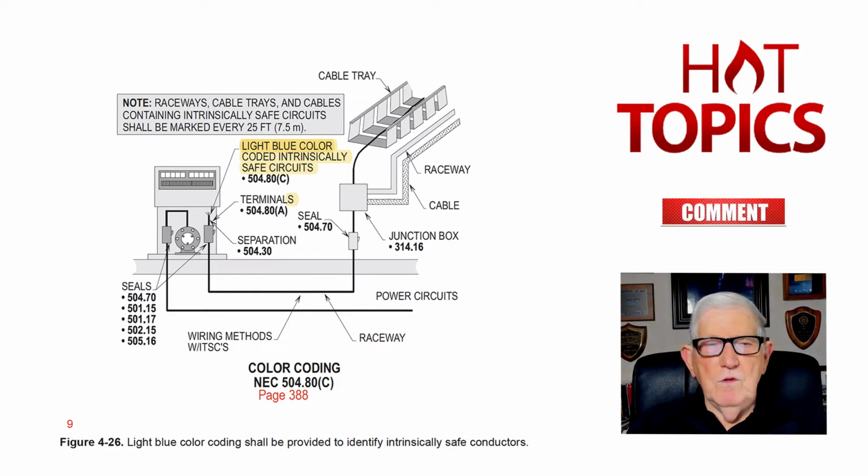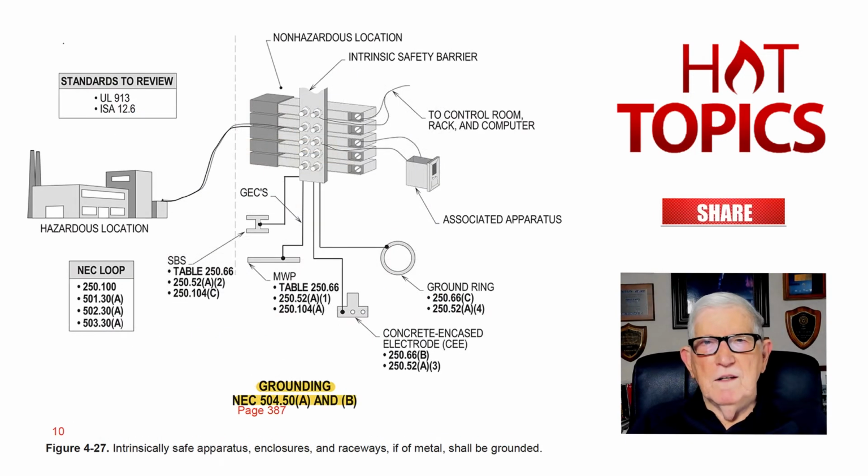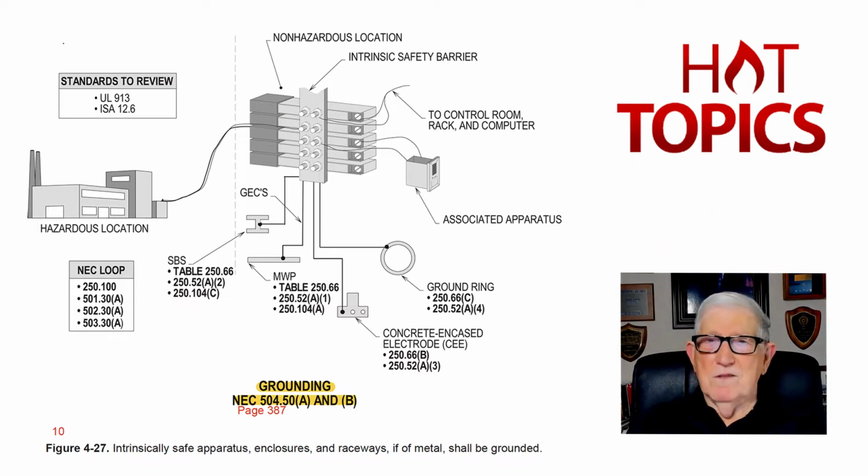Now we're going to move to our figure 10, and it deals with grounding. And notice that it's highly recommended, without it's a necessary thing, and then you have a lot of work to do if that be the case, that you don't ground to driven rods and those kind of items. You could ground to the structural steel that you see there.